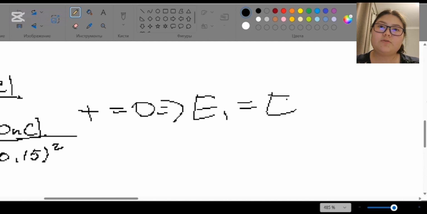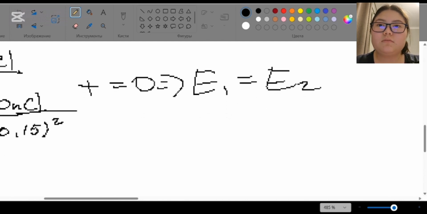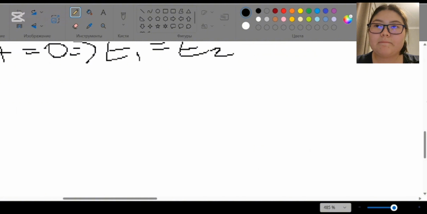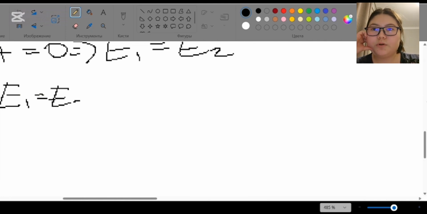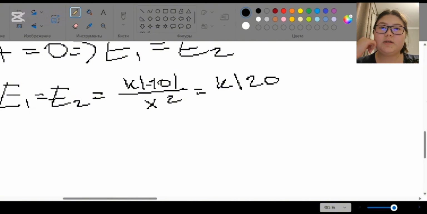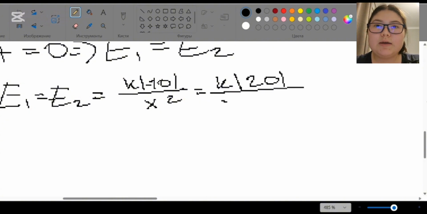So now let's write each formula. Electric field 1 is equal to electric field 2, which is equal to Coulomb's constant multiplied by minus 10 divided by x squared, equal to k multiplied by 20 divided by x plus 0.15 in square brackets.